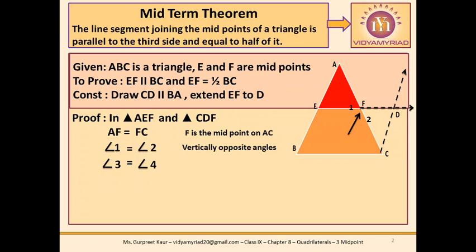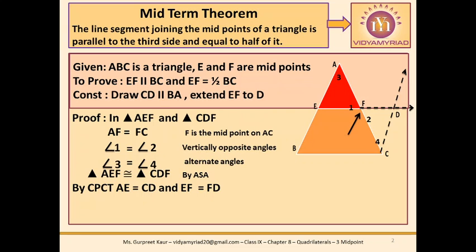If we take AC as transversal, then angle 3 will be equal to angle 4 as they are alternate angles. With this, triangle AEF is congruent to triangle CDF by the ASA property.